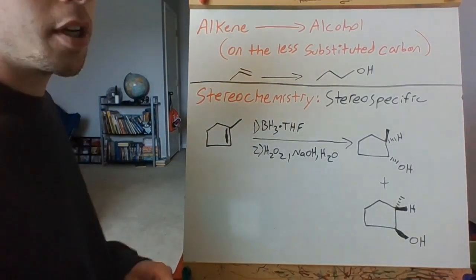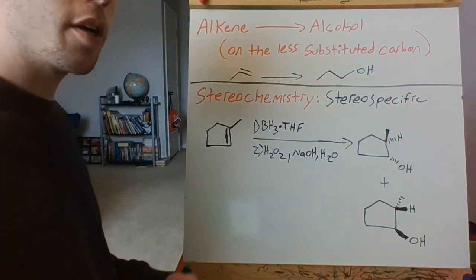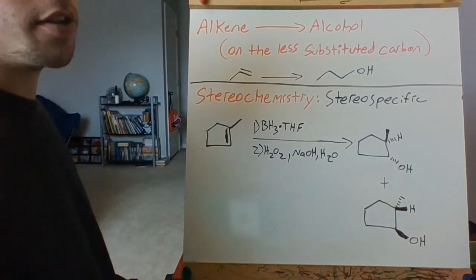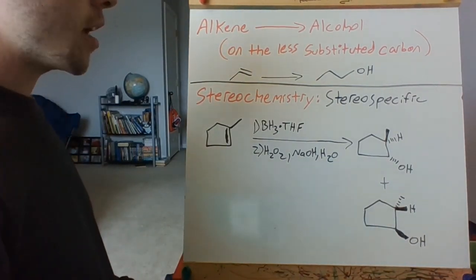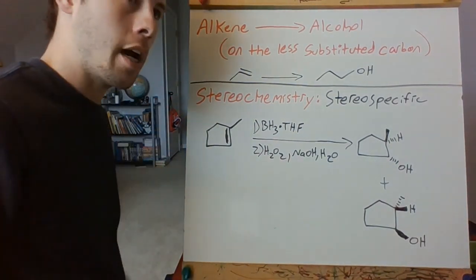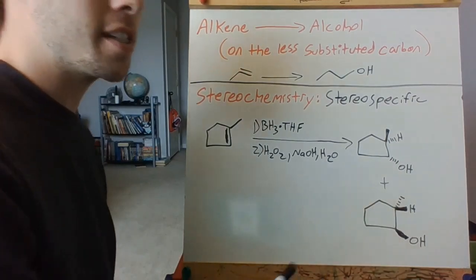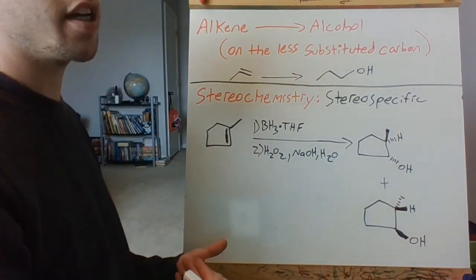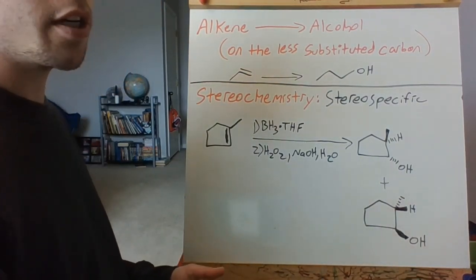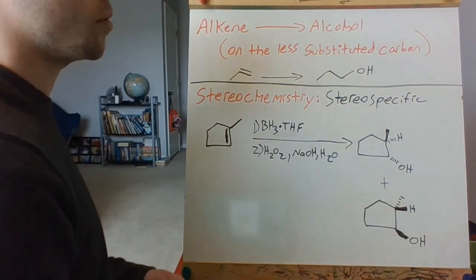So as with everything else, we need to consider stereochemistry if we have sp3 hybridized carbons. In this case, stereochemistry of these type of reactions, if we produce a chiral center, it's going to be stereospecific. That means we must get a particular product based on the reagents that we used.